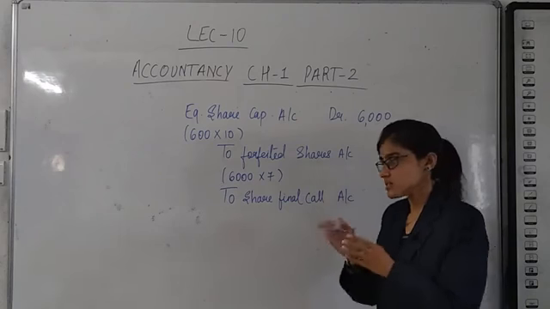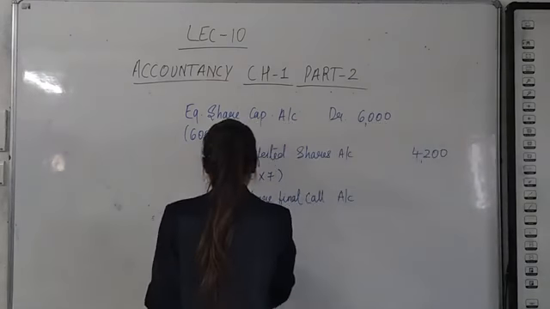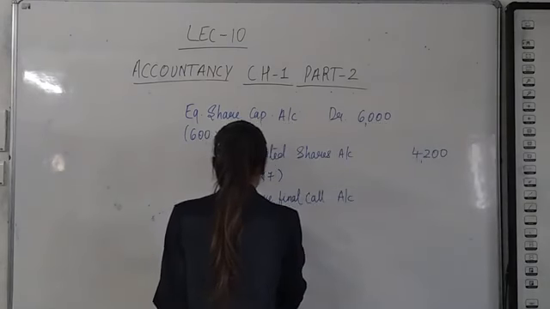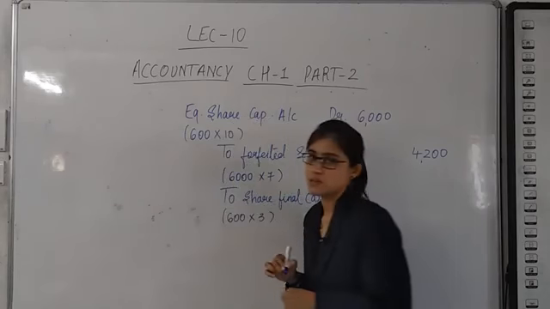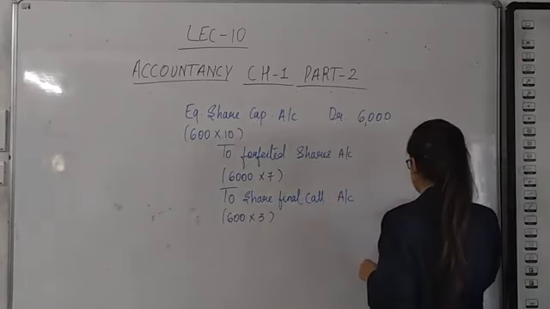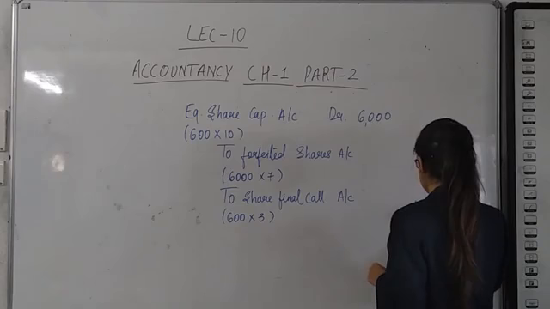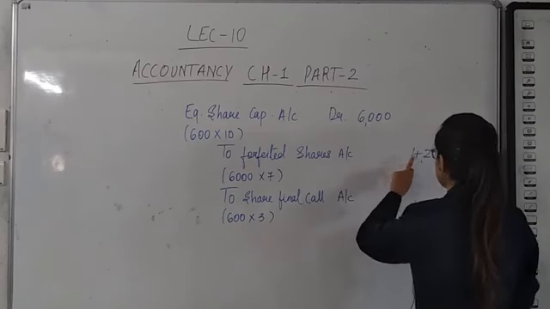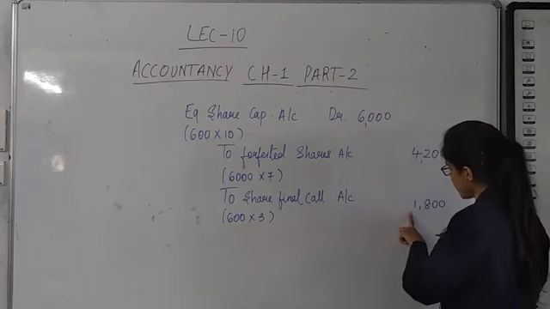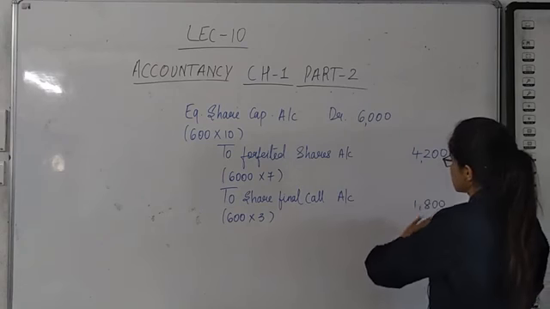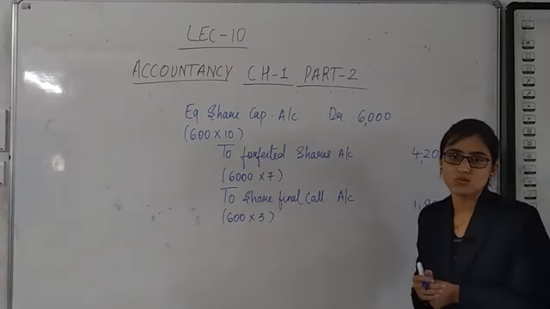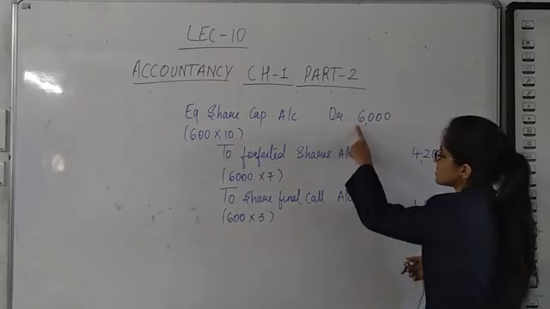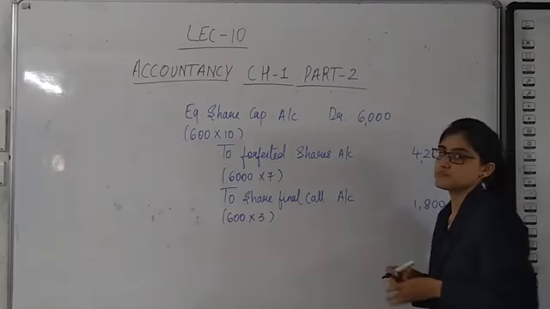How many shares? 600 shares. 600 into 3, 1,800. So 4,200. 4,000 plus 1,000, 5,000. 800 plus 200, 1,000. And it makes 6,000 overall. 6,000 is debited, 6,000 is credited.